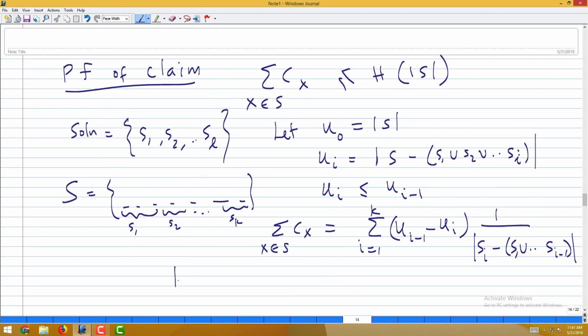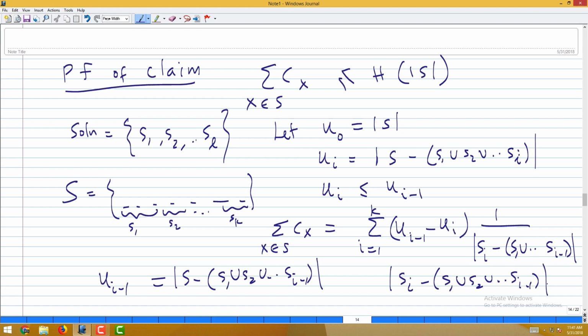There is the cardinality of S minus S_1 union S_2 union up to S_{i-1}, and this is exactly u_{i-1} by my definition, and then there is the cardinality of S_i minus S_1 union S_2 union up to S_{i-1}. Which is bigger between these two terms? S is some arbitrary set, S_i is the ith set picked by the algorithm.